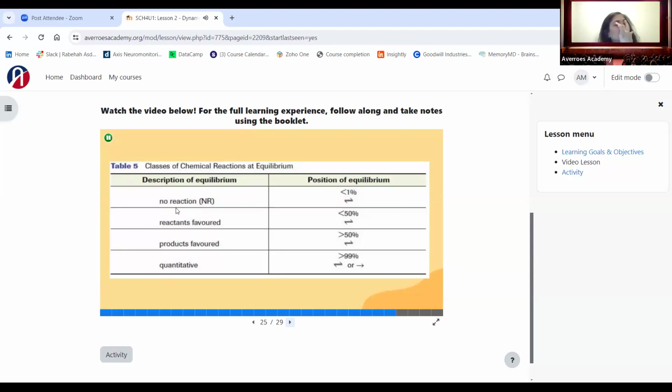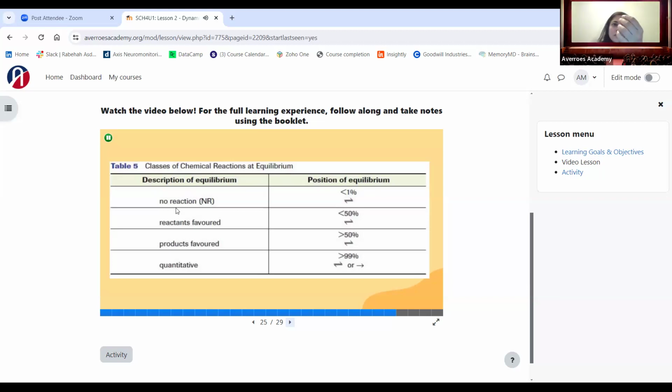All right, so looking at this table, reactions that favor the reactants very strongly, where the percent reaction, that value that you calculated, is much less than 1%. So in these reactions, mixing the reactants has no observable result.